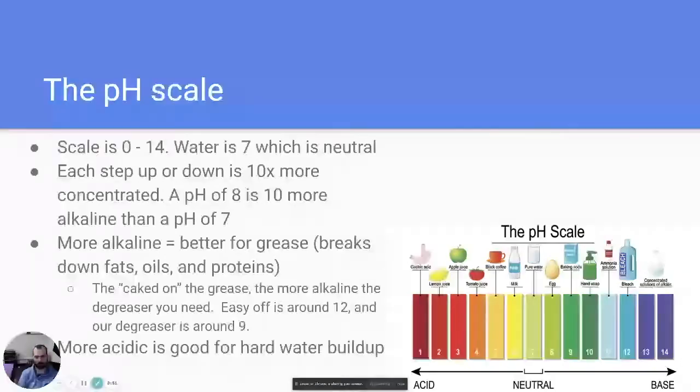You notice that when I went down, I said acidic, and when I went up, I said alkaline. The higher the pH, the more alkaline a solution. The lower the pH, the more acidic a solution. Think about your stomach acid, how it dissolves everything that goes into your stomach. Extremely acidic, it has a pH of 1. It'll eat anything that it comes into contact with.